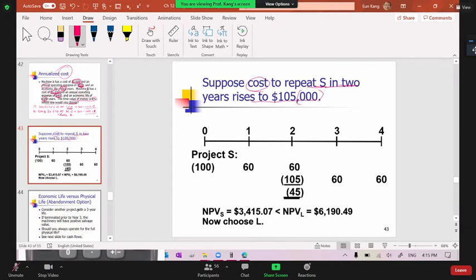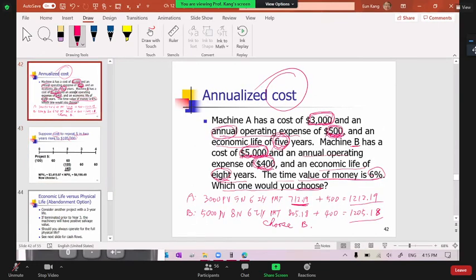So in that case, you have to use the replacement chain approach. You cannot use the equivalent annual annuity approach, because the things are different. Same thing as annualized cost, right? So you have to analyze like this.